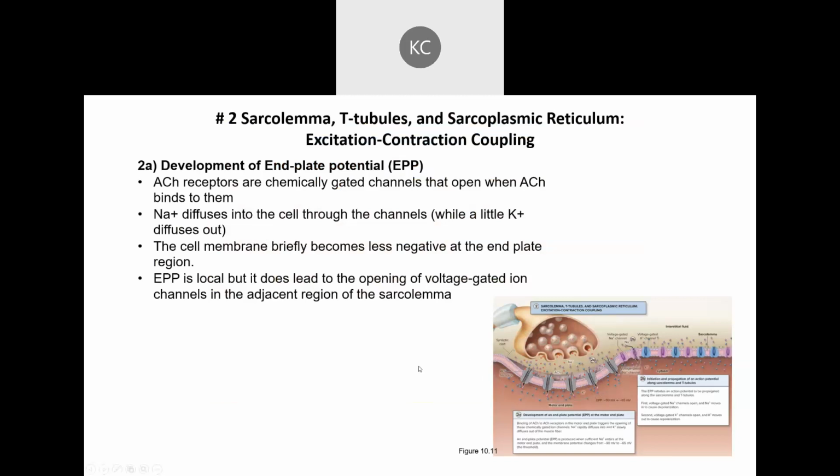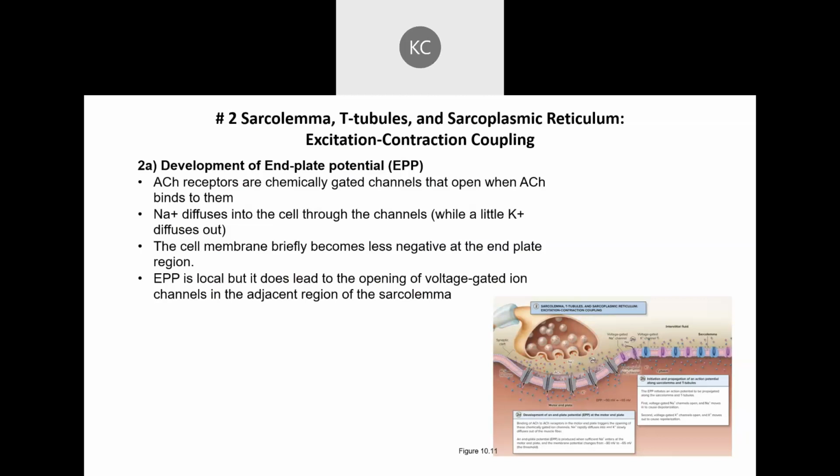All right. So what we have first is something called the end plate potential, right? This occurs after we bind acetylcholine to the plate. You begin to have an influx of sodium into the sarcoplasm, so into the intracellular environment of the muscle cell, and this causes the membrane potential of the muscle fiber to begin increasing, right?